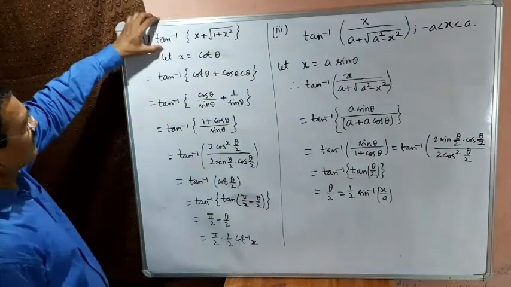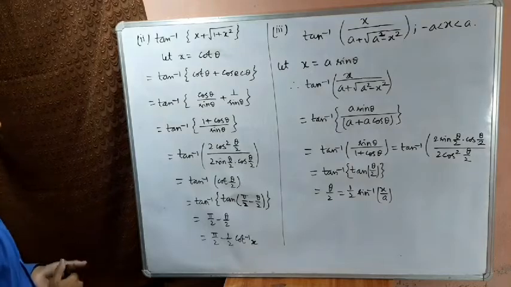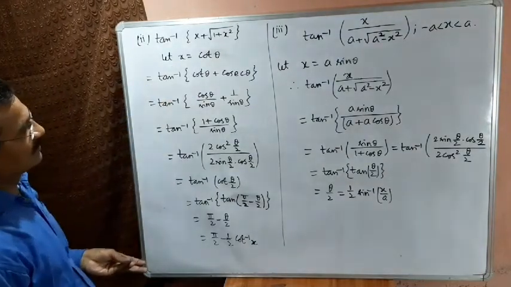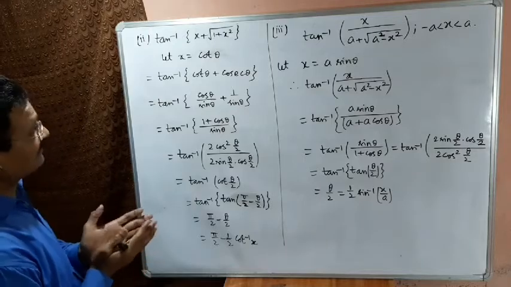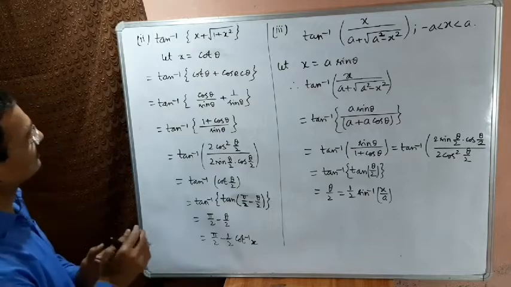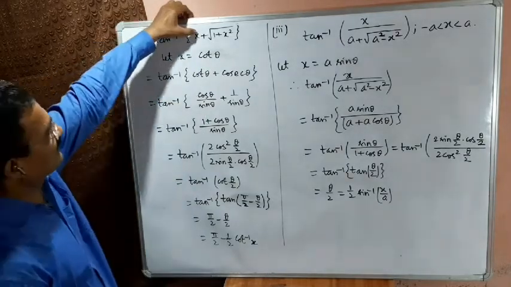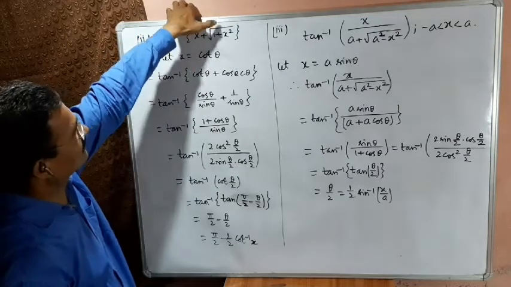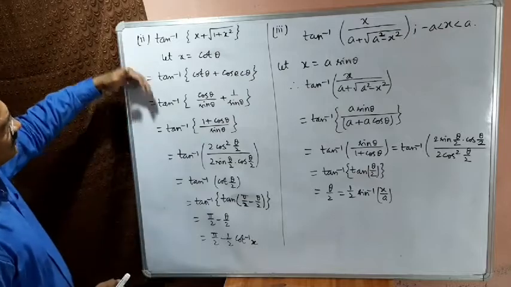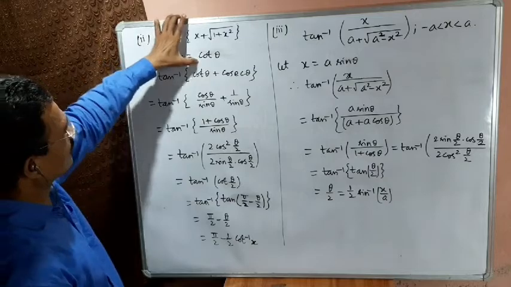Next, I have taken tan inverse of x plus under root 1 plus x square. Here we take substitution x equals cot theta. Although we can try with tan theta also, but here we will find that if we take x equals tan theta, then this will be tan theta plus sec theta. First of all, please see this. x equals cot theta.